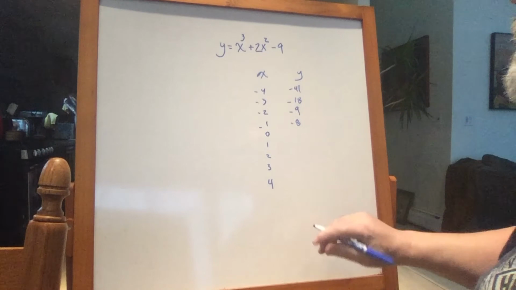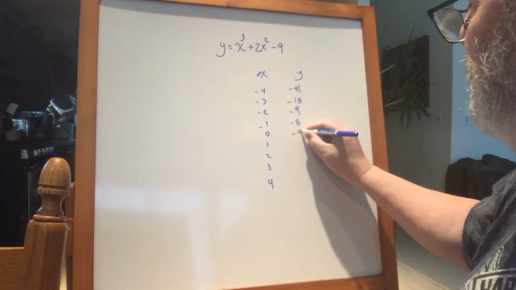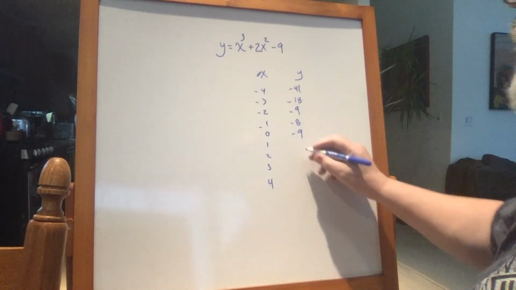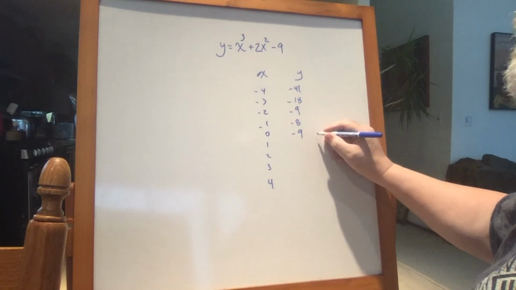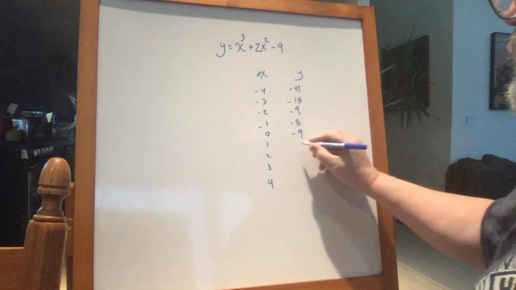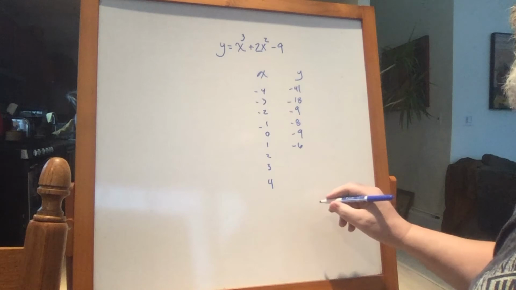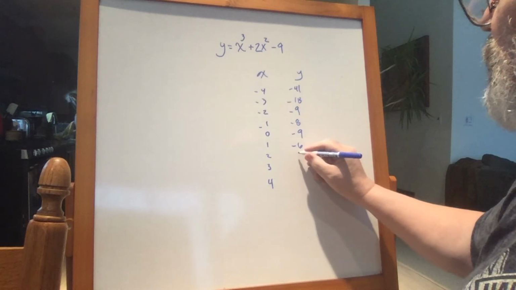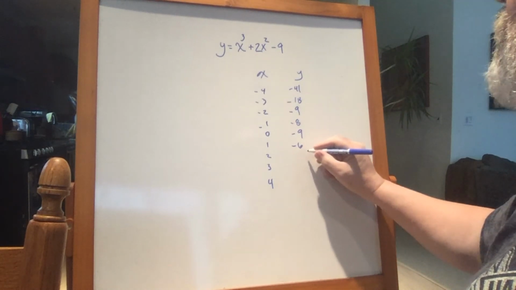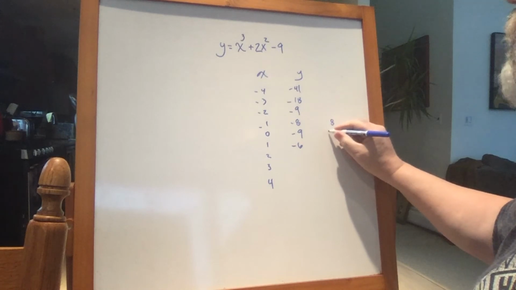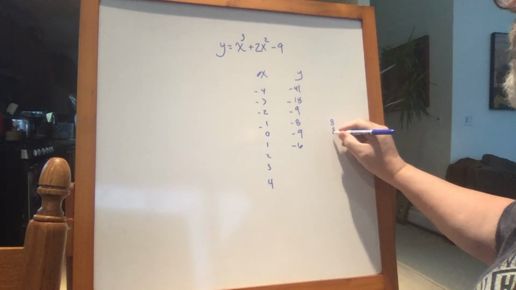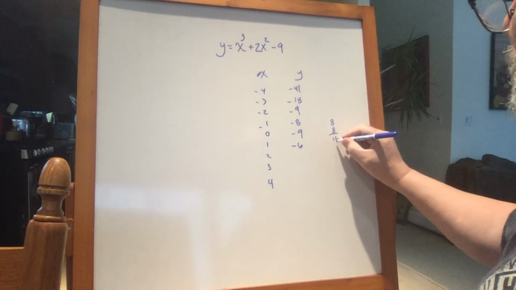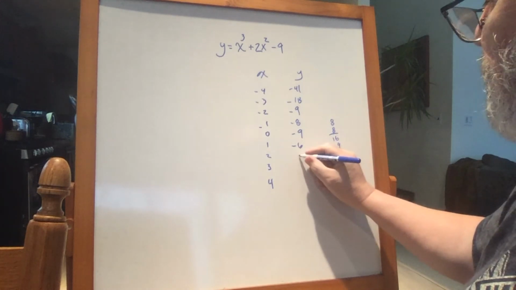And now we got 0. That's minus 9. And 1 plus 2 is 3 minus 6. 2 is 8. 8 plus 8 minus 9. So that's 16 minus 9. That's 7.